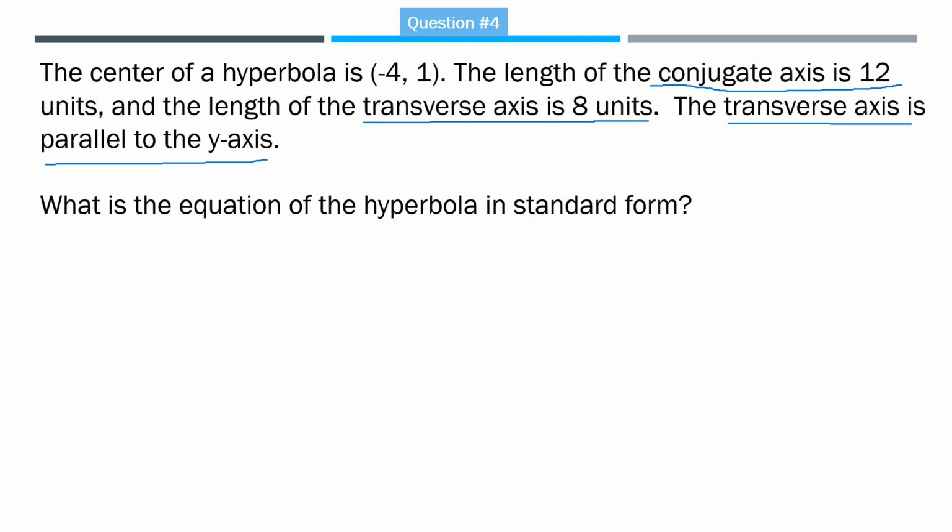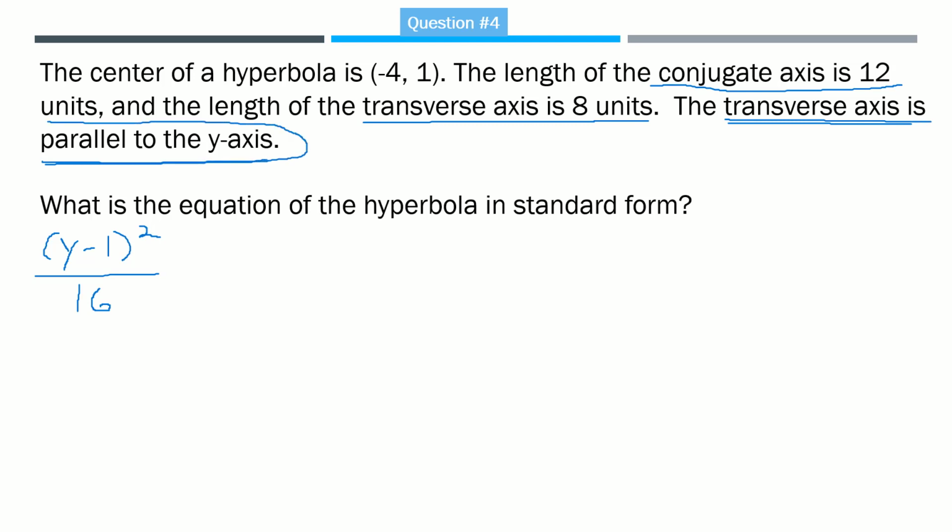So the equation of the hyperbola is y minus 1 squared over 16. And the reason I'm starting with y is it tells us that the transverse axis is parallel to the y-axis.